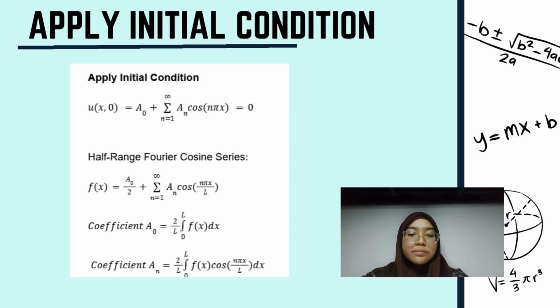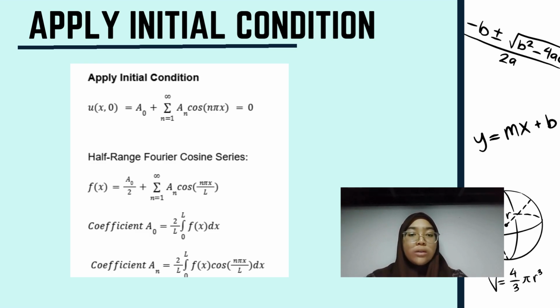Next, we will apply the half-range Fourier cosine series. The formula of the half-range Fourier cosine series is f(x) equal to a naught over 2 plus summation of n equal to 1 to infinity a_n cos n pi x over L. So we need to find a naught and a_n.